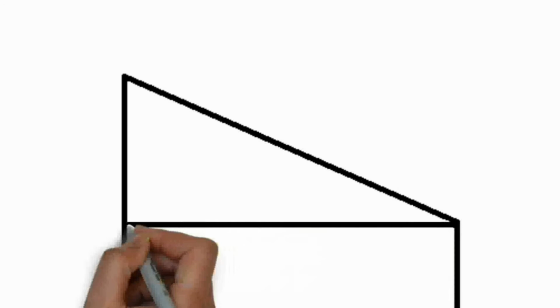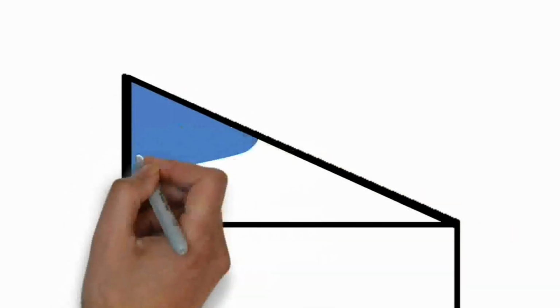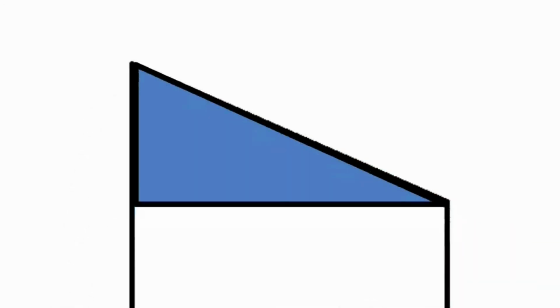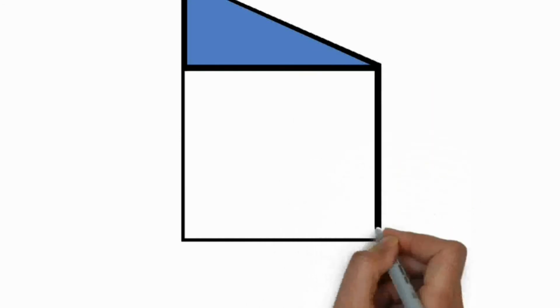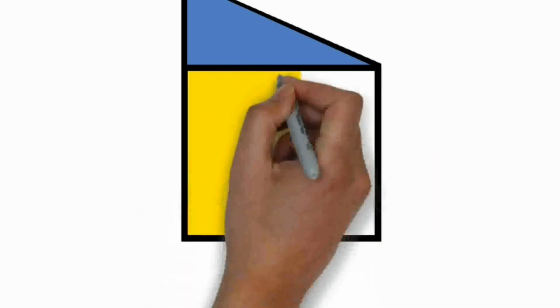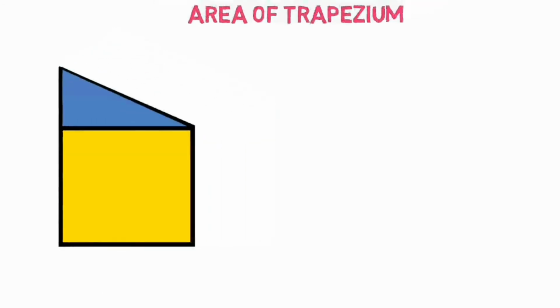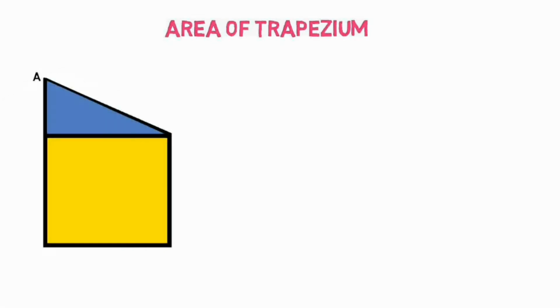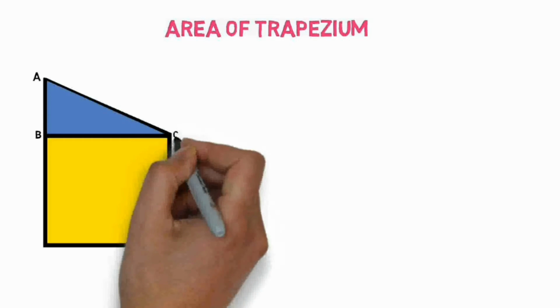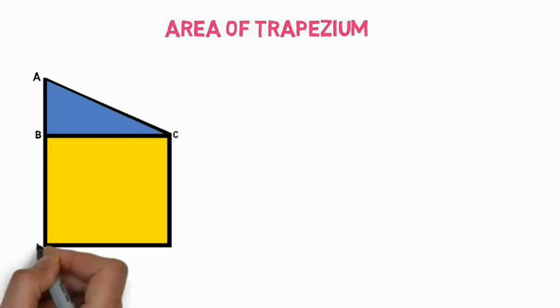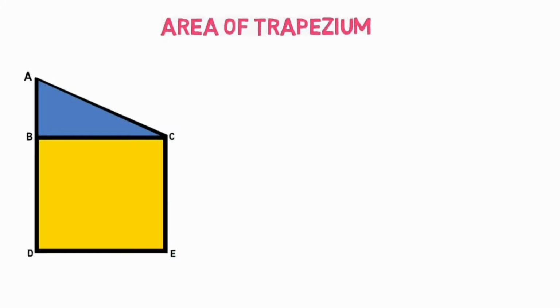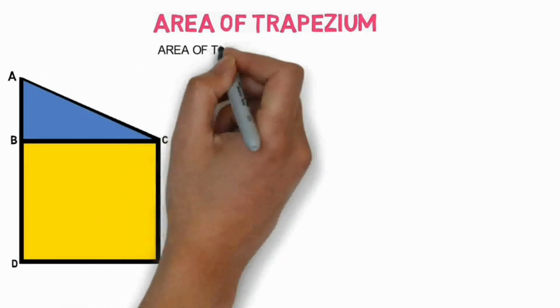So we divide this trapezium into two parts. The first one is a triangle and the second one is a rectangle. Now name the triangle as A, B and C and the rectangle as B, C, D, E. Now we can find the area of the trapezium.